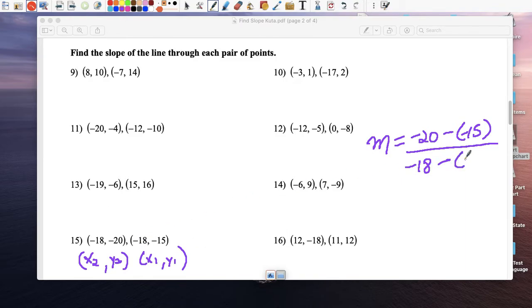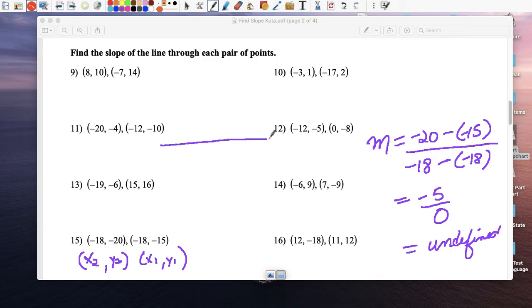Sorry. Okay, so negative 20 plus 15 is negative 5, and negative 18 plus 18 is 0. So this one, the slope is undefined.